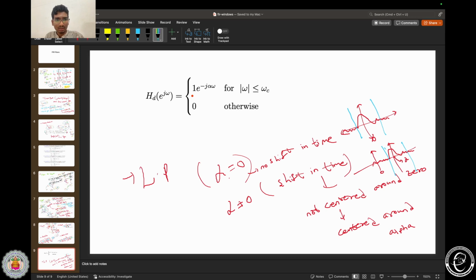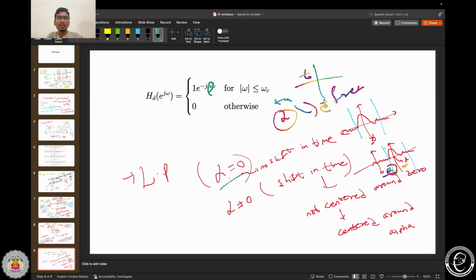And if there is some time delay in the time domain, if the sinc wave is shifted from 0 and is symmetric around alpha, it means it is delayed by alpha. So if there is a delay in the time domain, then it is an exponential factor in the frequency domain. That's what we can see here.